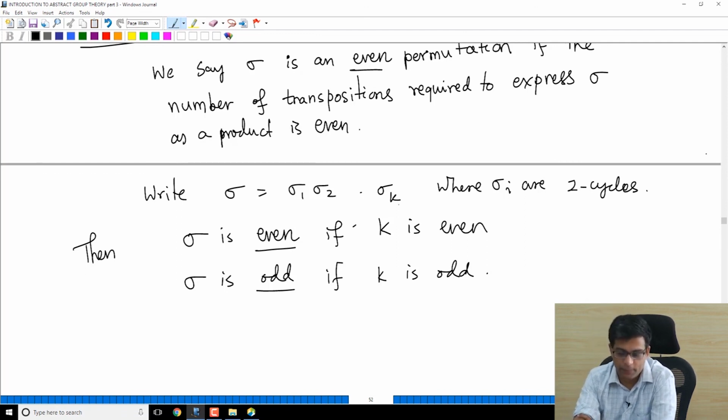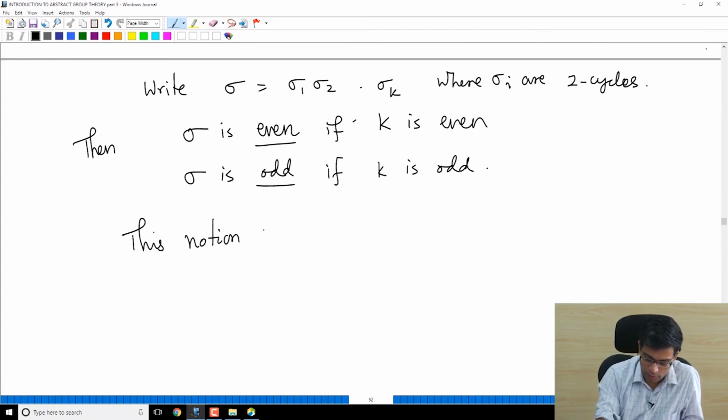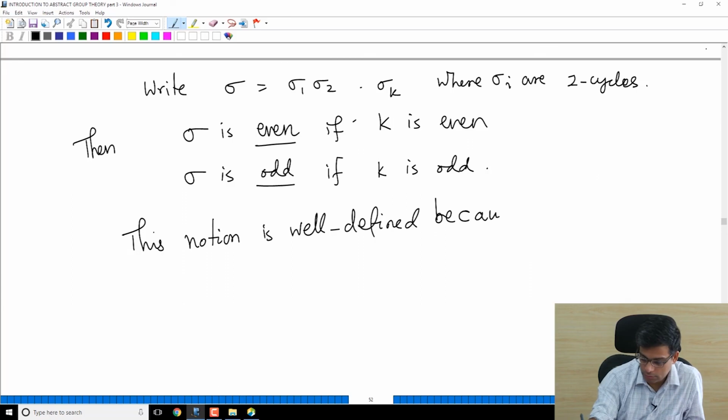So in one representation if it's even, then in all other representations it's even. So it's a well defined notion because of our theorem.